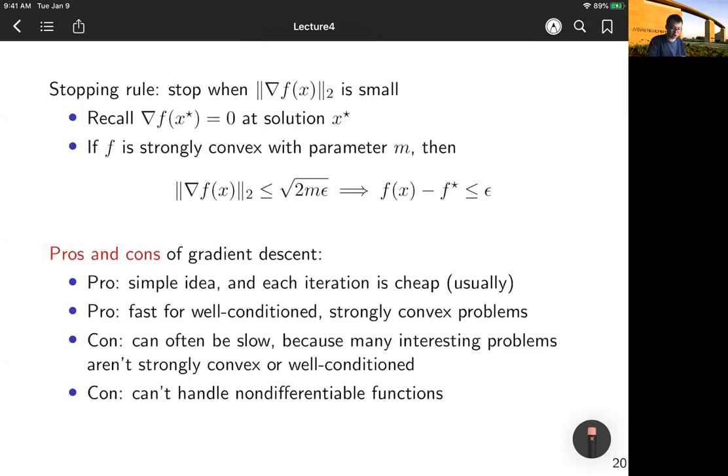That can be much slower, and in some problems it becomes unacceptable because you never really get to high accuracy and high numerical precision solutions to the optimization problem. Another issue is that we need the function f to be differentiable. For non-differentiable functions, we don't really know how to solve it yet.